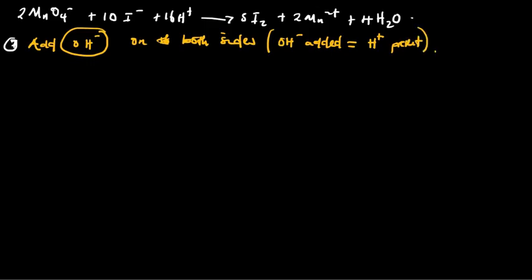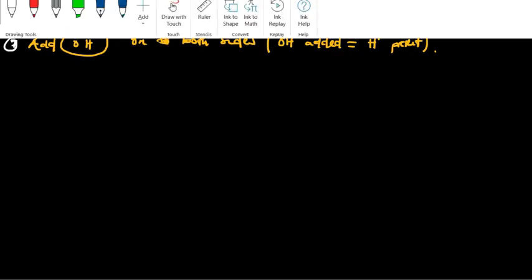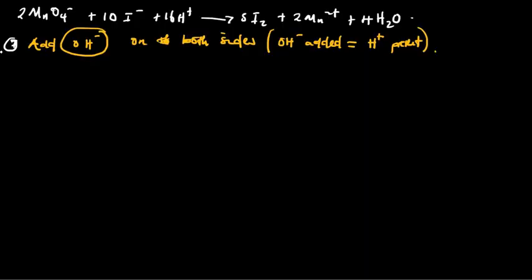So what do we have? This is what we have. In this case, we have 2 MnO4- plus 10 iodine minus plus 16 H+. So how many OH- are we going to add? 16.